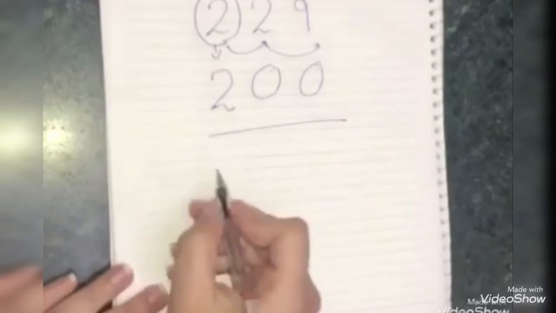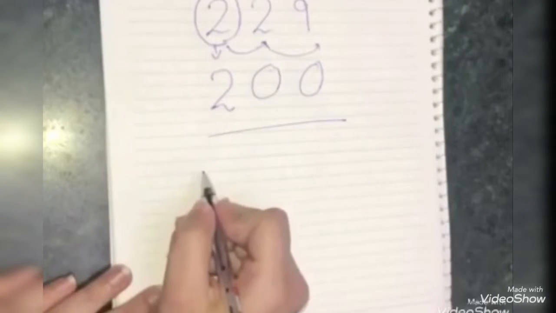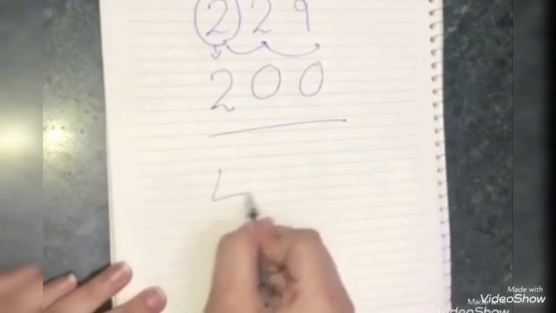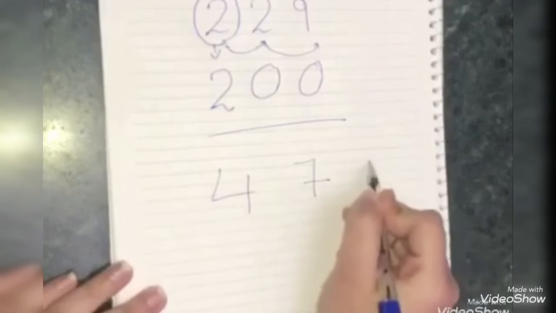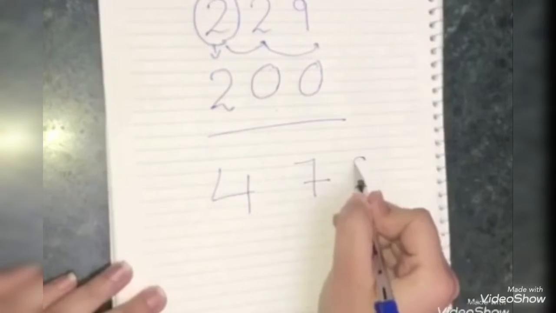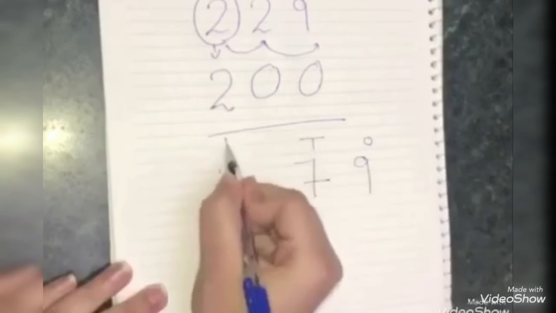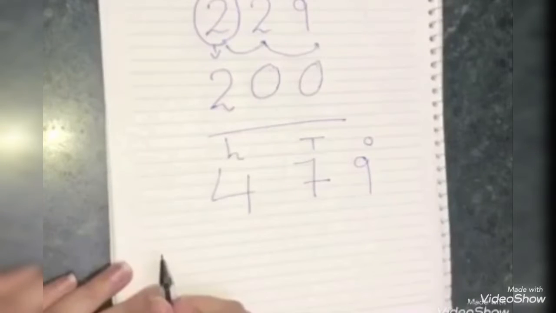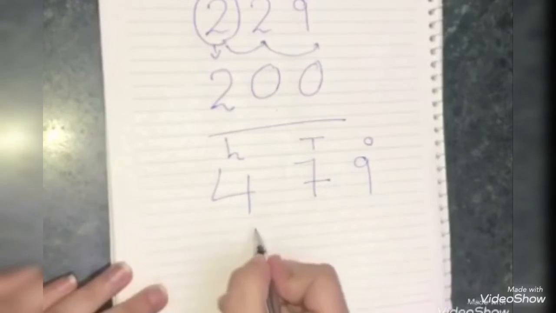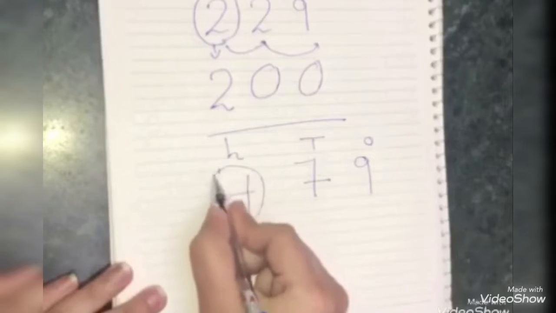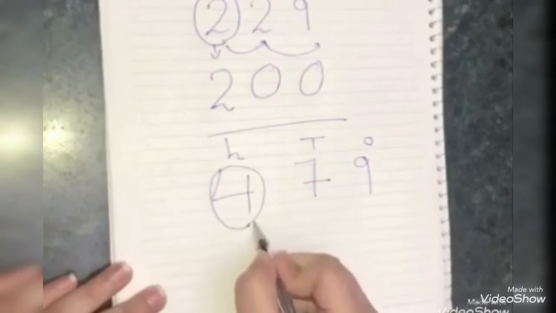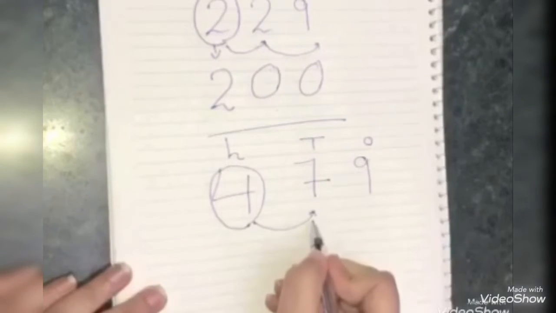Let's take another example. If we have numbers like 479, ones, tens, 100, rounding to the nearest 100. Circle the number in 100. Look to the next door. Your next door here is 7.